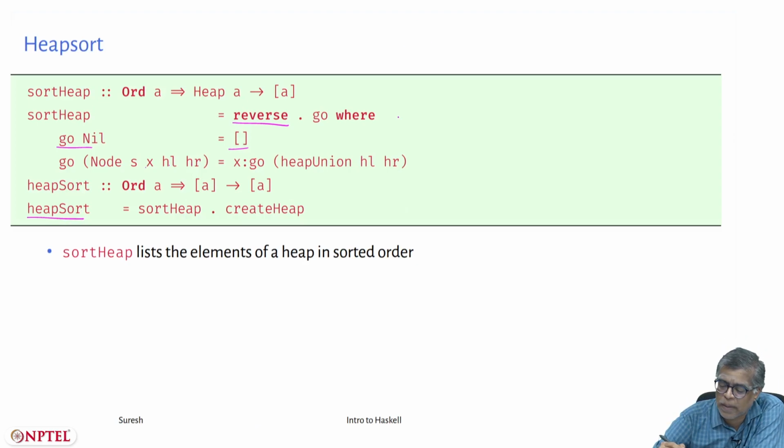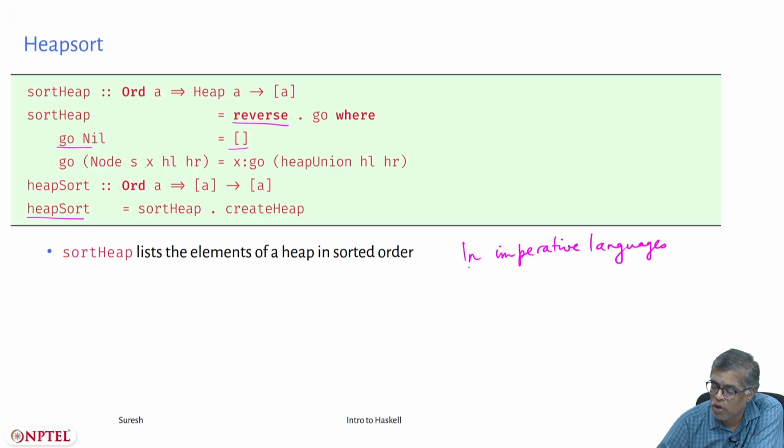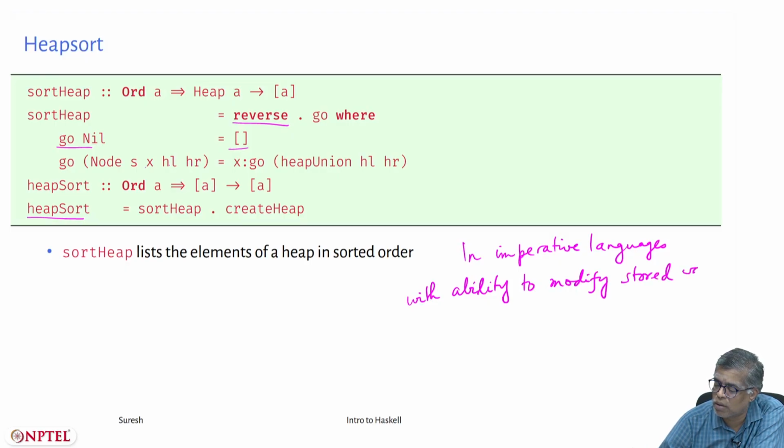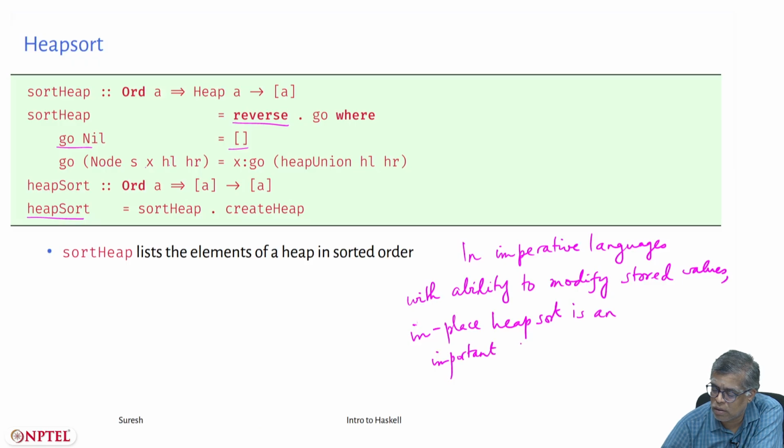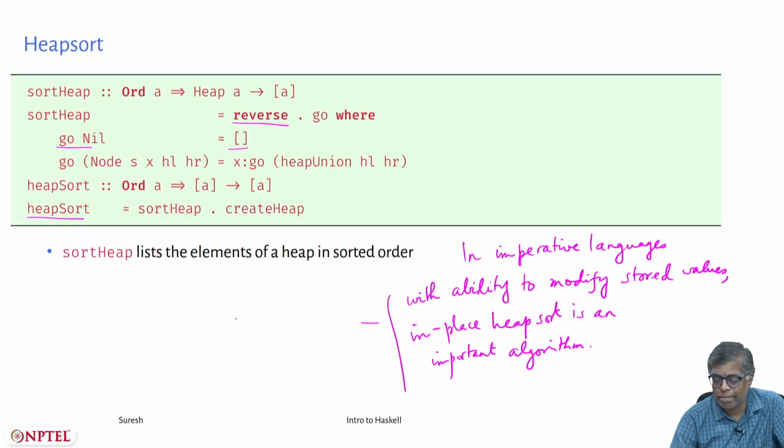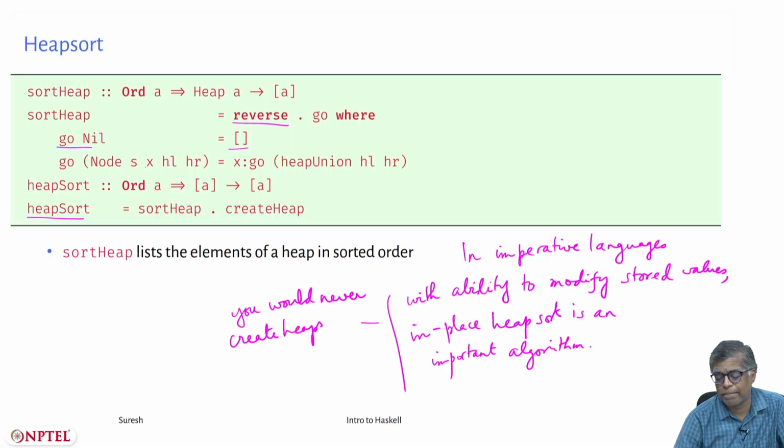In imperative languages, with in place mutation, let us say, with the ability to modify stored values, typically you would work with just arrays.